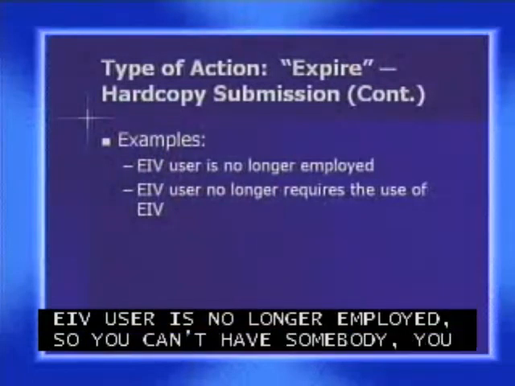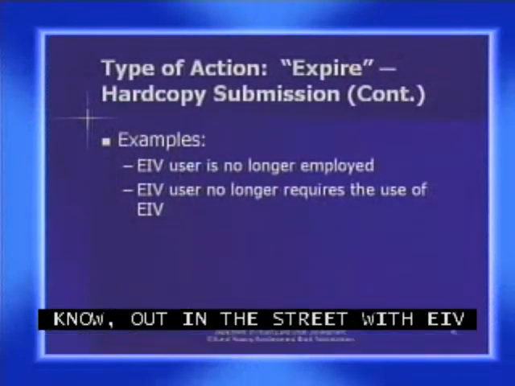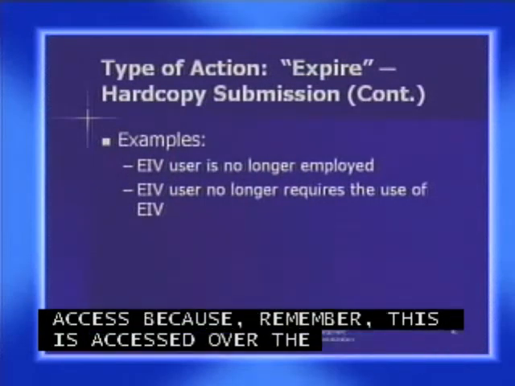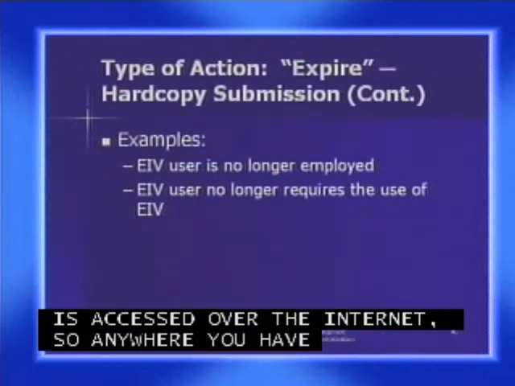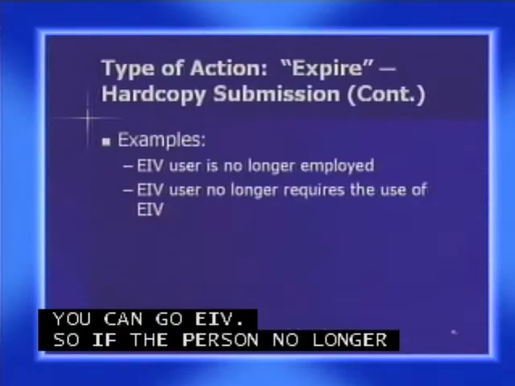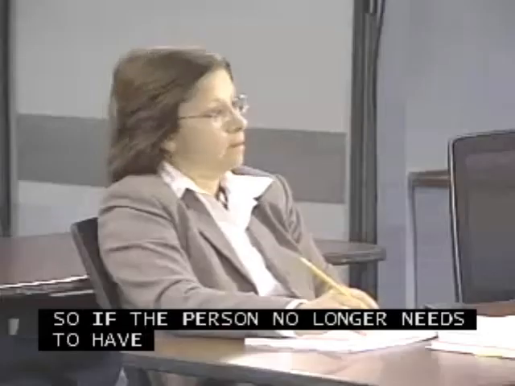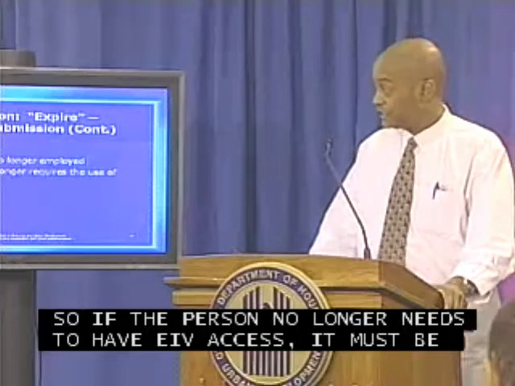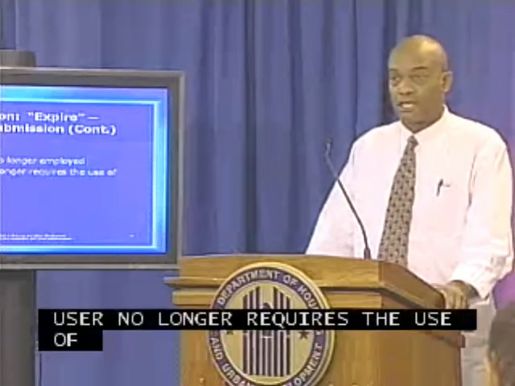An EIV user is no longer employed, so you can't have somebody out in the street with EIV access, because remember, this is accessed over the internet. So basically, anywhere you have internet, you can go to EIV. So if the person no longer needs to have EIV access, it must be expired.